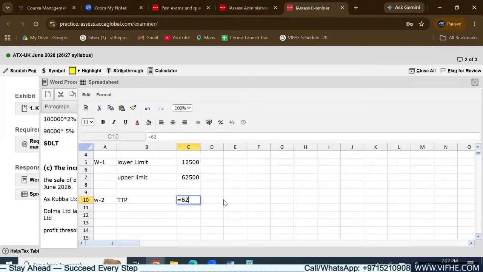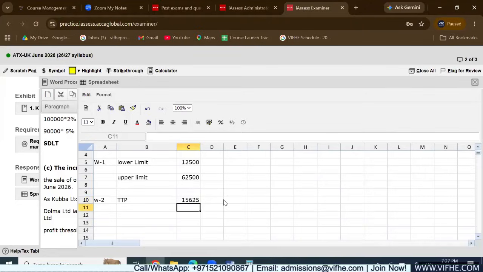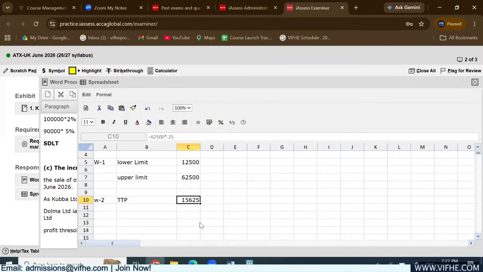So 62,500 into main rate. The main rate is 25%. So here the corporation tax liability will turn out to be 15,625 pounds. Considering 95,000 pounds being the taxable total profit suggests that this is crossing the revised upper limit threshold, and hence we shall be paying corporation tax at the main rate.